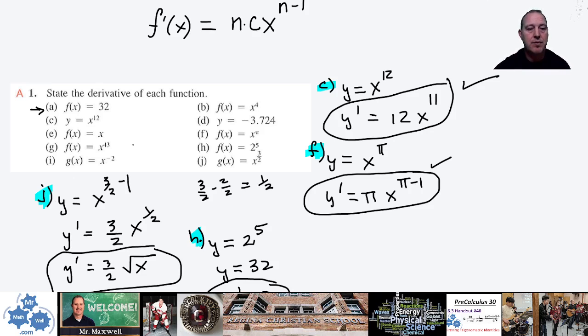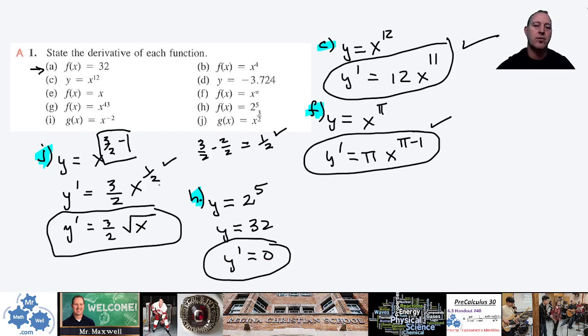J, okay, what if we have a fraction or something like that? No problem. The fraction comes down in front as the exponent. No big deal. The other tricky part here, you have to subtract 1 from the fraction. So 3 over 2 minus 1 would be the same as 3 over 2 minus 2 over 2, which would give you 1/2. So your answer is 3 over 2 x to the 1/2. If your teacher doesn't like you to write in fractional exponents for whatever reason, you have to convert that to a radical.